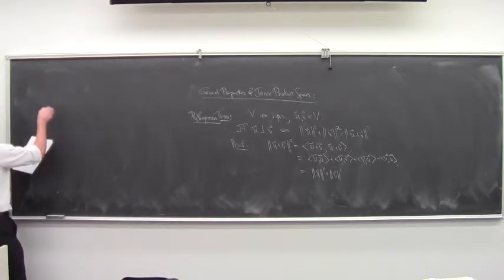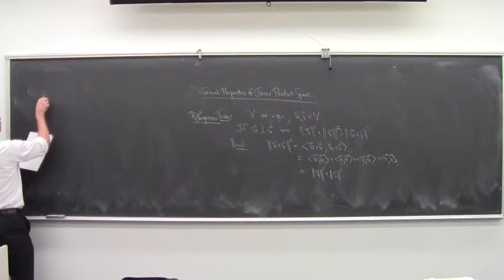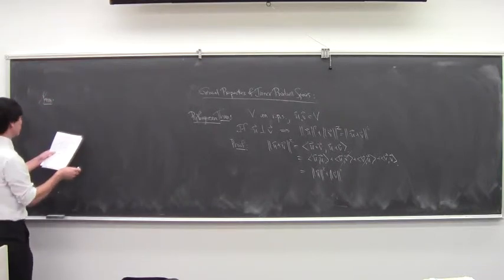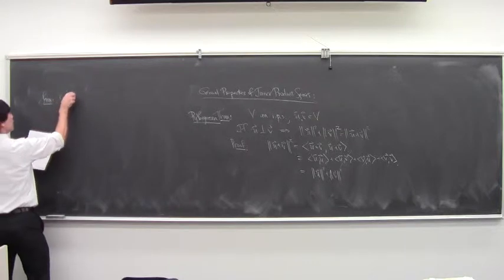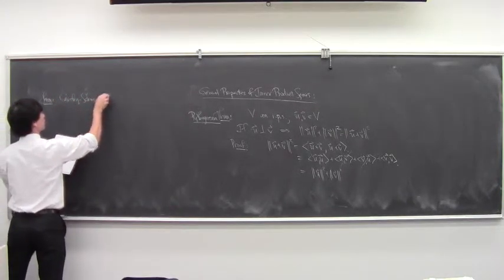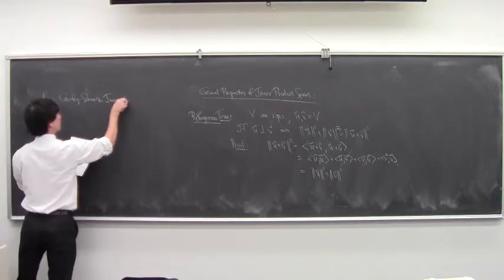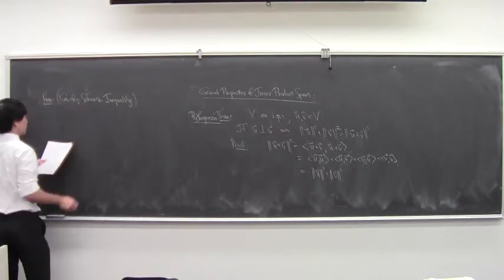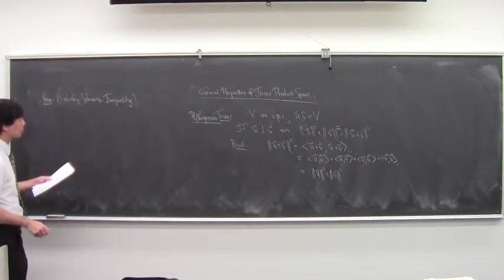The second property of inner product spaces is the Cauchy-Schwarz inequality.